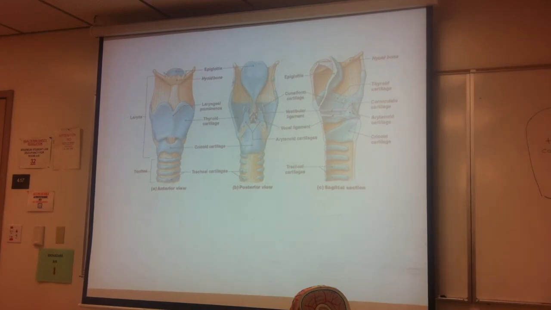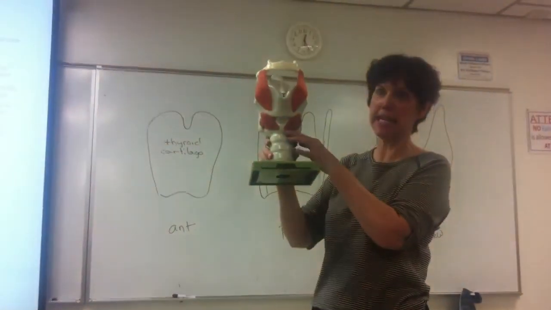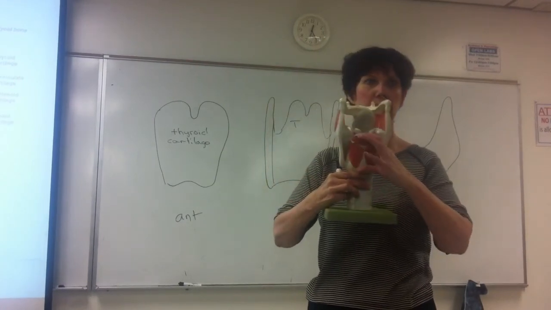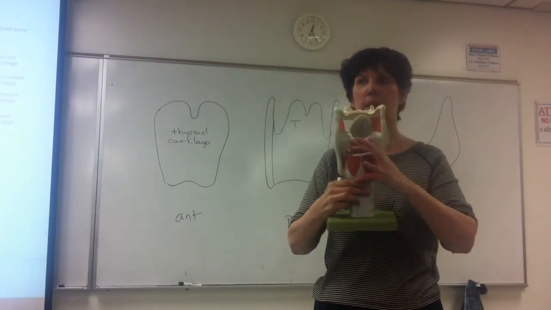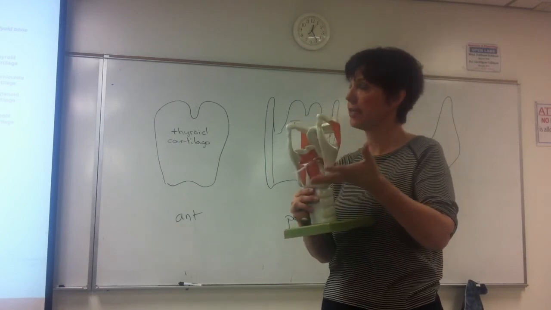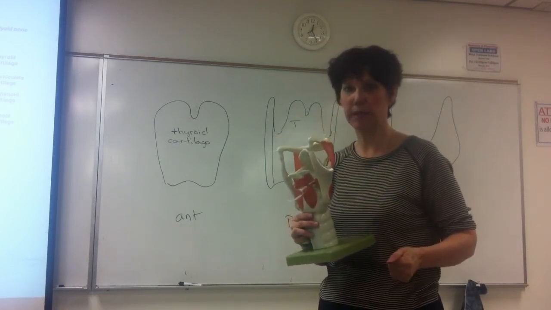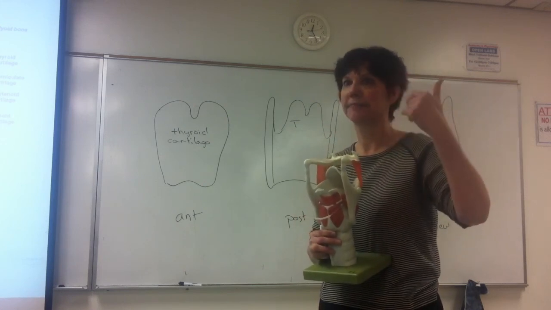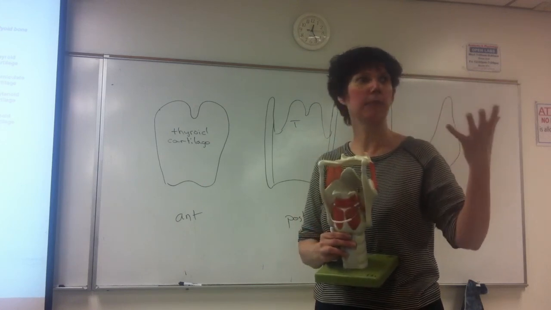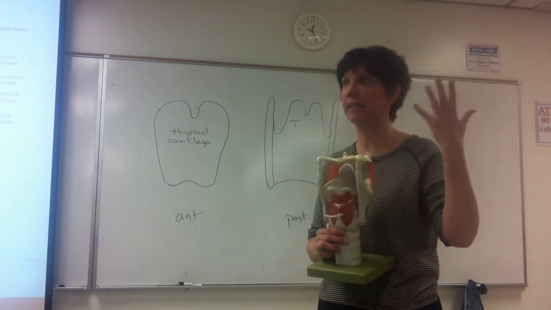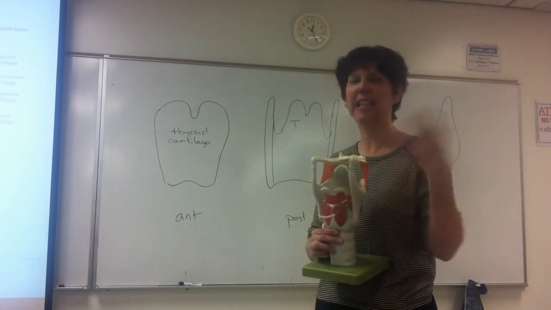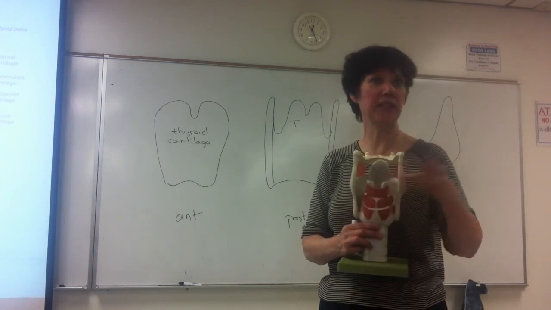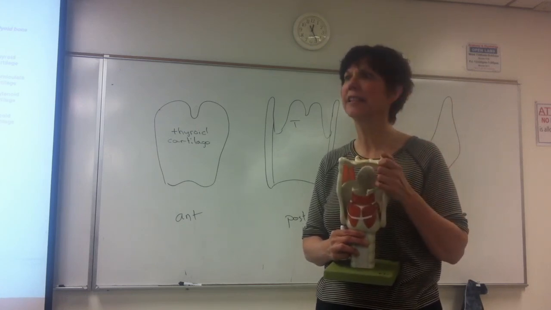If we look on the model, this narrow portion right here is cricoid, and when we turn it around, it gets quite large posteriorly. So it's often described as a ring, like a class ring, but the jewel is posterior instead of anterior. Signet. Yes, thank you.